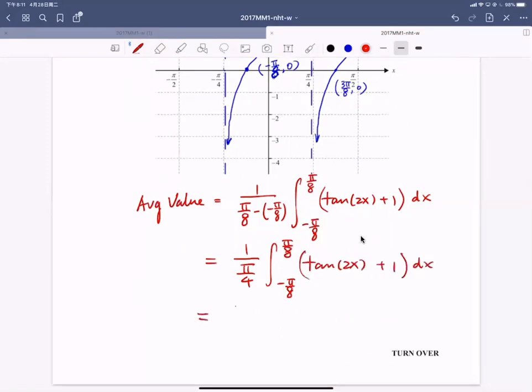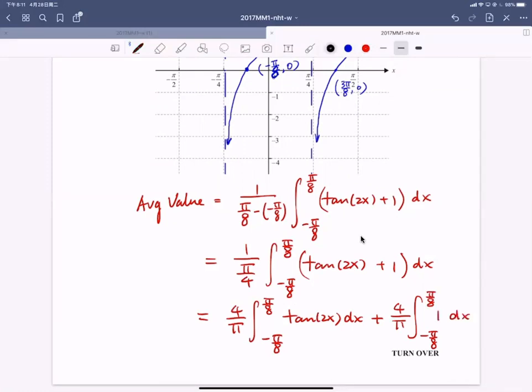You could argue, okay, this first coefficient is 4 on pi, from minus pi on 8 to pi on 8, tangent 2x dx, plus 4 on pi integral from minus pi on 8 to pi on 8 of 1 dx.